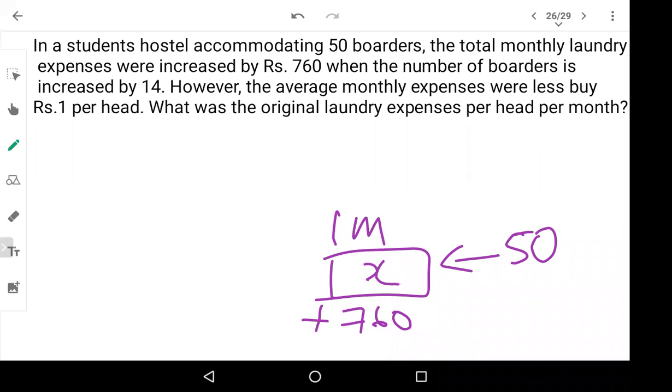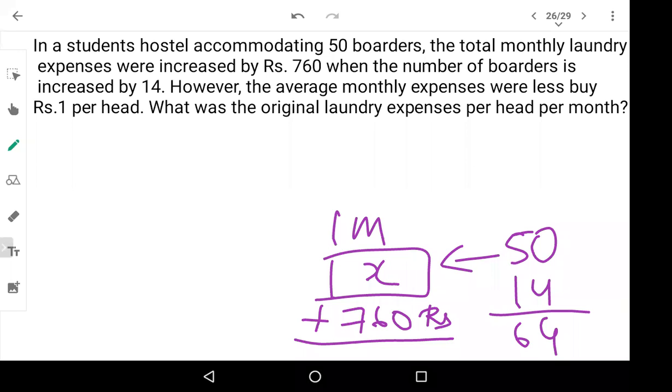Some amount was there originally. Now extra 760 got added. What is the reason for that addition? Increased by 760 when the number of boarders is increased by 14. So extra 14 people came to the hostel. Now there are 64 people in the hostel, and that is why this 760 rupees went up.